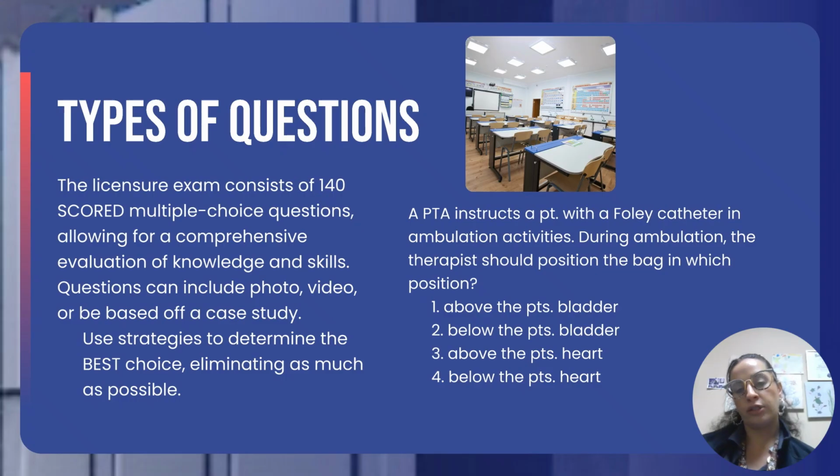And the point of insertion is the bladder, so it's going to be 2, right? So now I cut it down, I rationalized, and I figured out the answer, right? So that's how I would kind of target a question every time, okay?